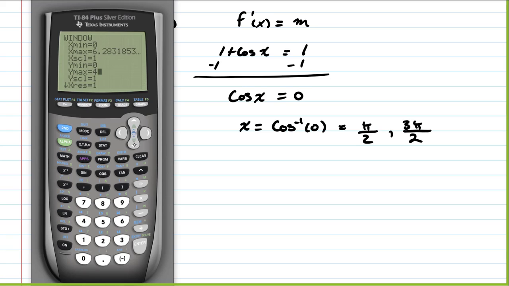Let's do y max 4 and scale it in 0.2s. So I didn't quite make it. So window, we need to make our y max a little bigger. Oh yeah, it's got to be at least 6.28. So let's make it 7 and we'll scale it in 0.5s.